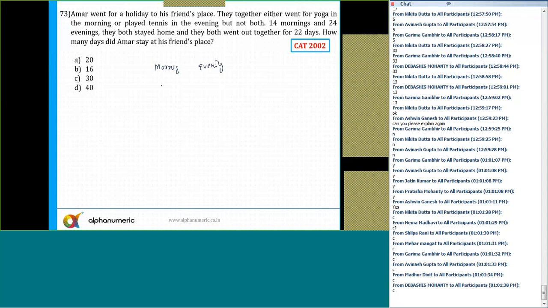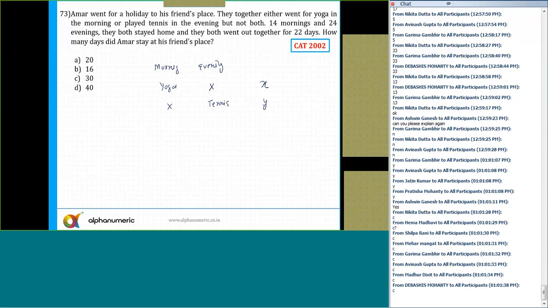So in the morning they are doing yoga and in the evening they are playing nothing. Let's say this is equal to X. In the morning they are doing nothing, but in the evening he is playing tennis. That is equal to Y.